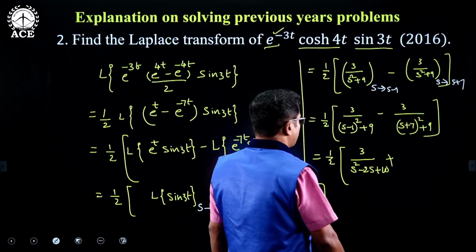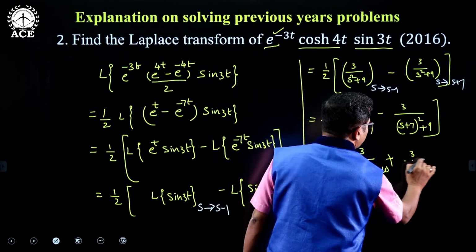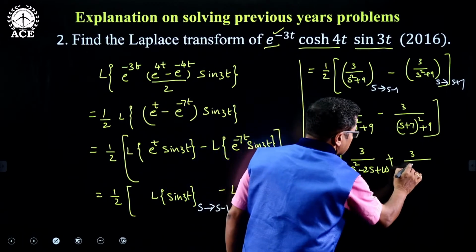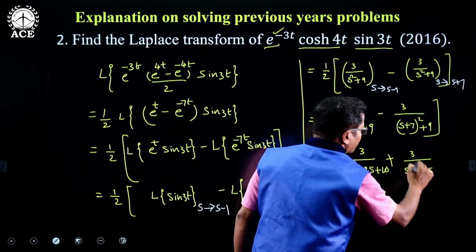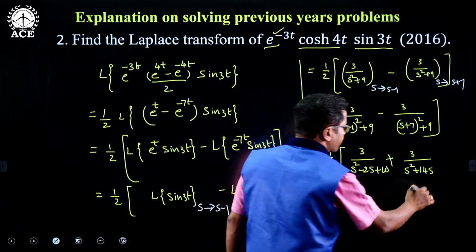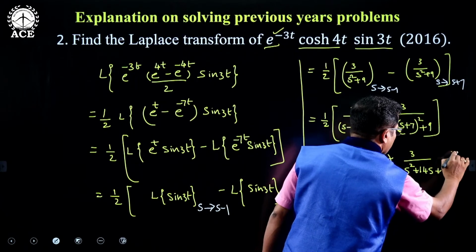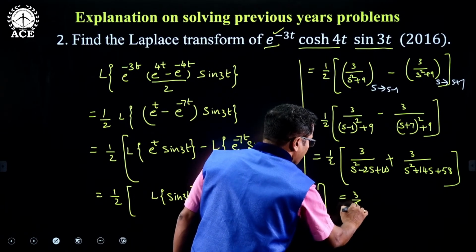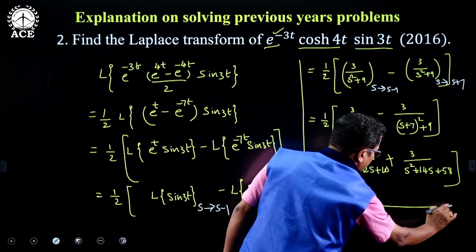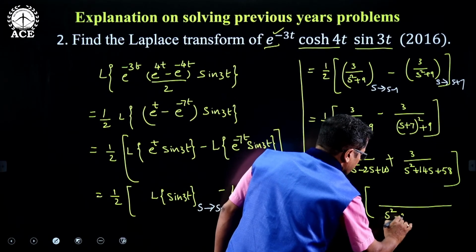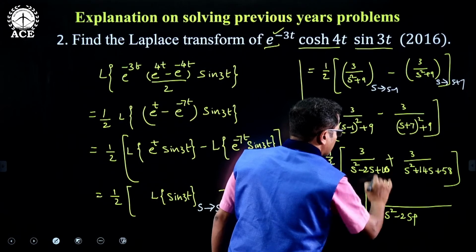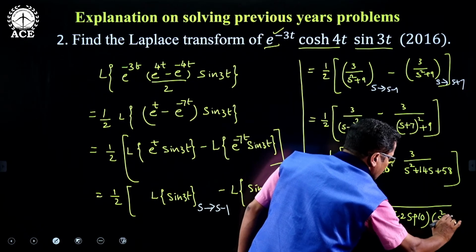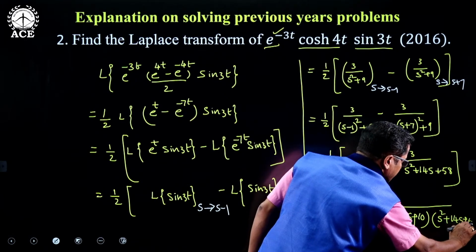Minus 3 by s square, s plus 7 whole square means s square plus 14s plus 49 plus 9 is going to be 58. So which is equals to, you take 3 common, that becomes 3 by 2 into, and evaluate its further simplification, s square minus 2s plus 10 and s square plus 14s plus 58.